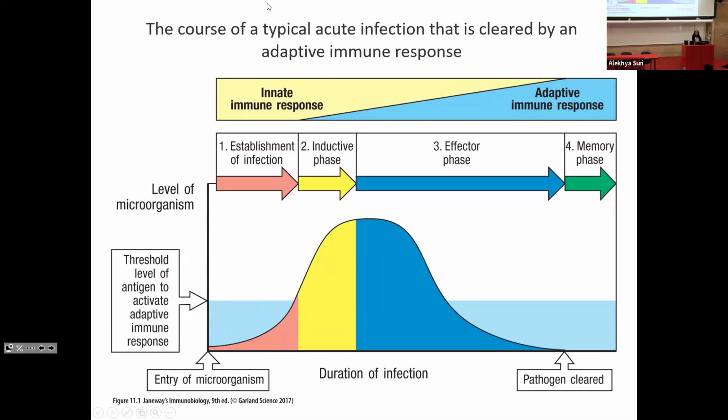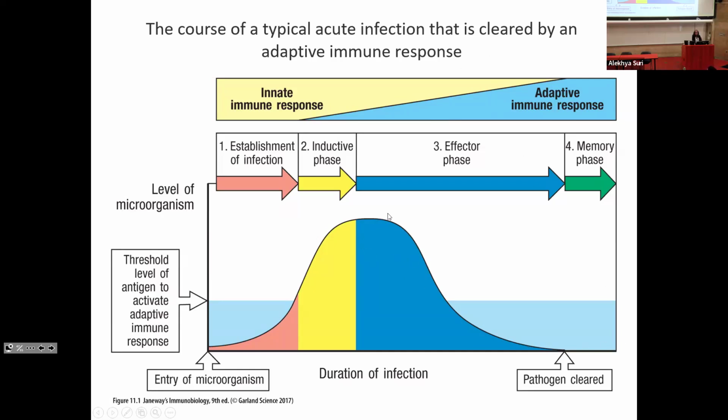Innate immune response has been generated. There's a lot of innate immune response, and at this time, the adaptive immune response begins, or is activated. And once the adaptive immune response is activated, the bacterial burden or the level of the microorganism starts to go down.